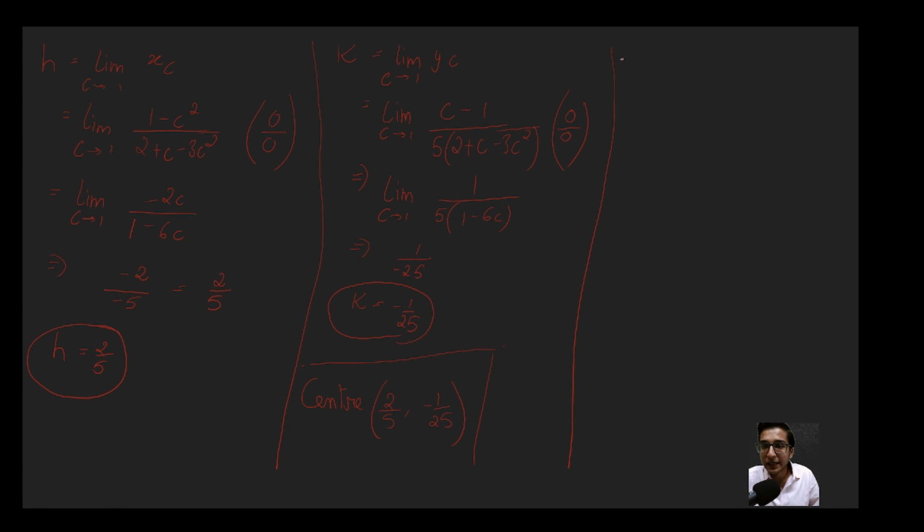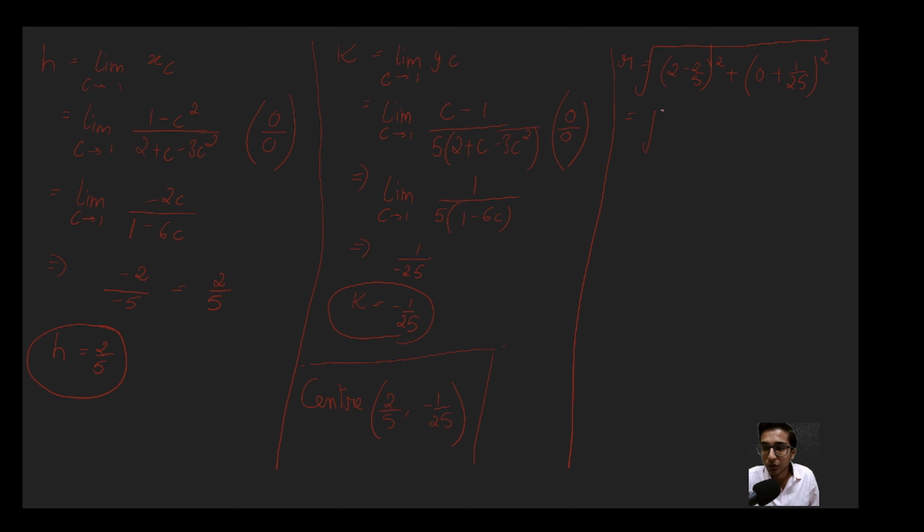So let us find the radius in that format. My radius would be root under (2 minus 2 by 5) whole square plus (0 plus 1 by 25) whole square.